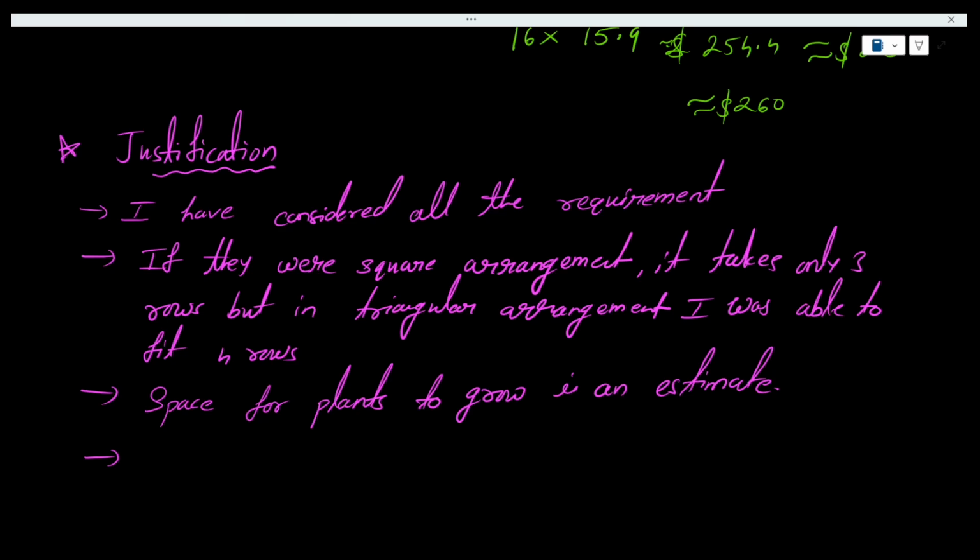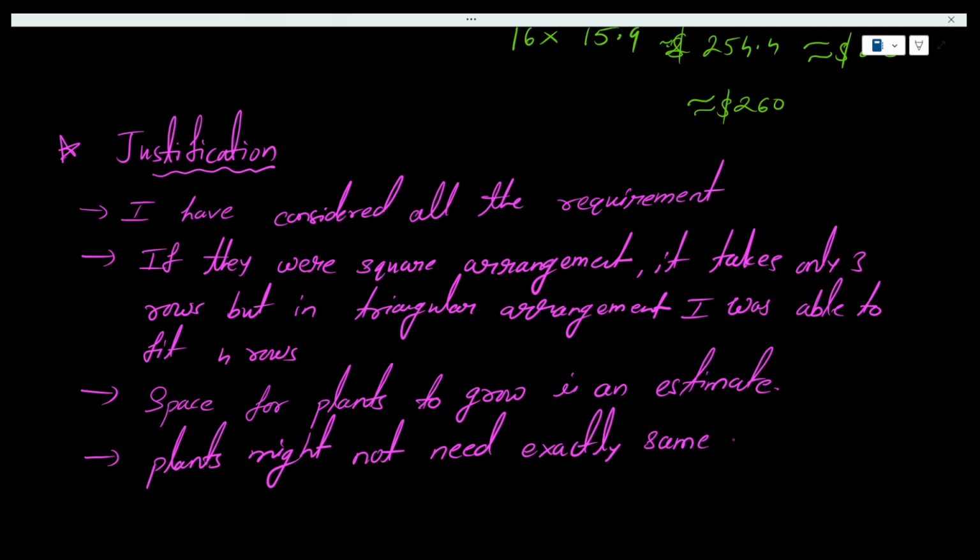Though they have been given exactly the same space, we have to leave it, but maybe some plants need extra or less space. So plants might not need exactly the same space to grow. That also can be a justification, right? Though we have left the space, every plant may not need the same space.